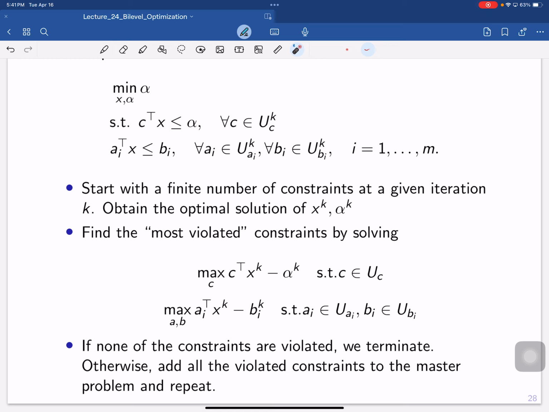How can a finite number of constraints describe the infinite number within the set? That's a good point. If you have a polyhedral set, I believe you can prove that if you enforce the constraint on all the extreme points, then you are done.